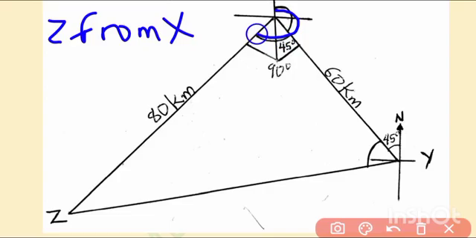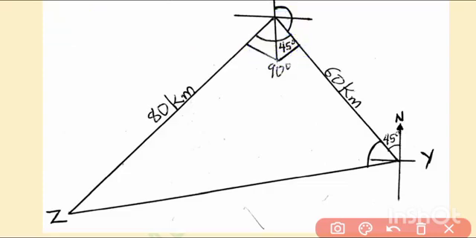If this place is 225, the part here will also be equal to 45. How do we arrive at that? We subtracted 180 from 225, and this part is 45, and that is what makes the whole angle here to be equal to 90 degree.